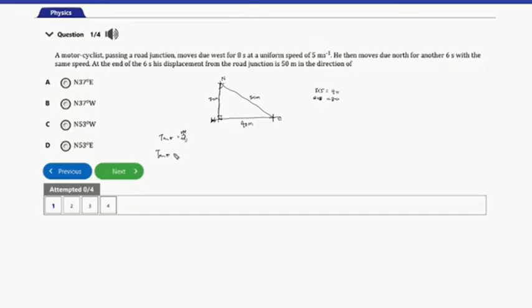So guys, in that case, we have tan theta to be 40 over 30, where tan theta is equal to 4 over 3, and then theta will be tan inverse of 4 over 3, and that's 53 degrees. So guys, checking the direction here, the motorcyclist actually moved 53 degrees west of north, and that's option C here.